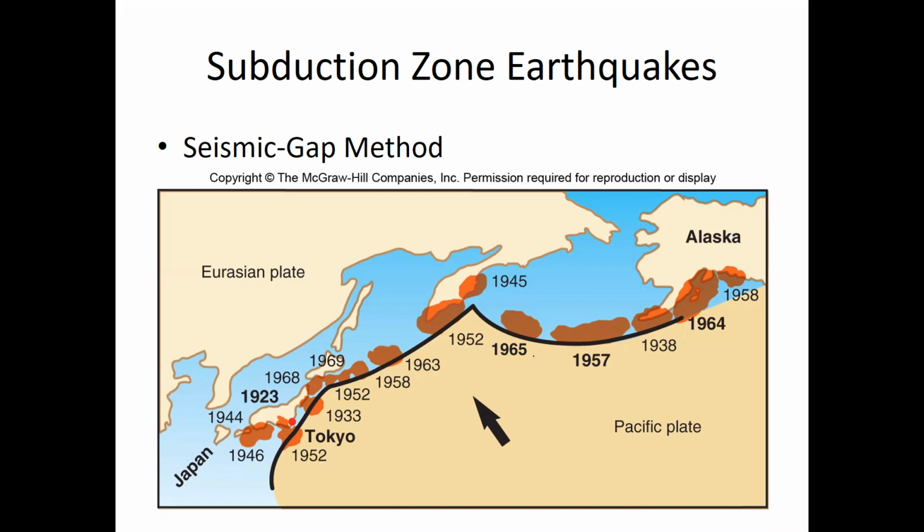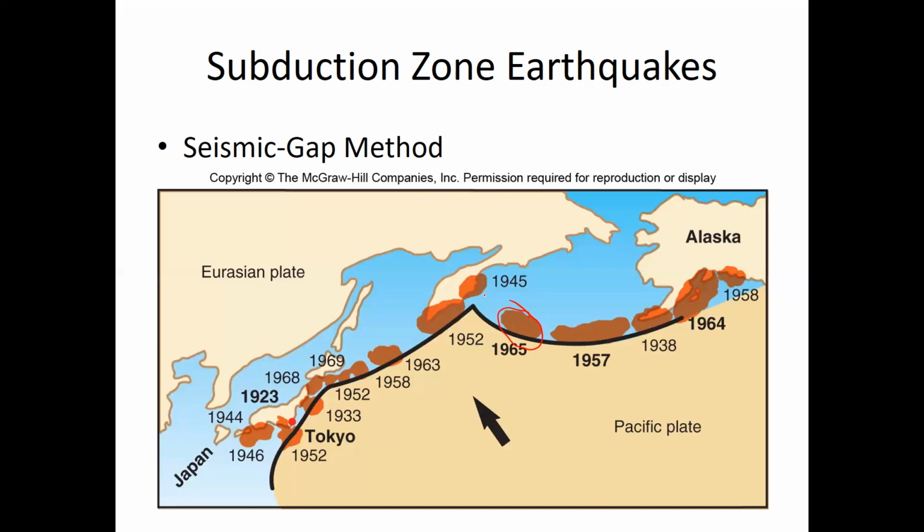Let's find one of the most recent ones, 1964, right here, 1965, this ruptured several decades ago, right? So it's like 40, 50, 60 some years ago. And so the chances of a large earthquake occurring here anytime soon are relatively small. We can never say non-existent, but we can say they're relatively small.